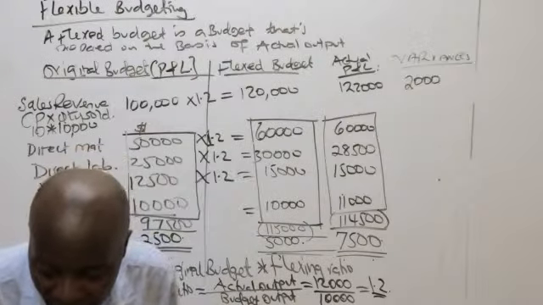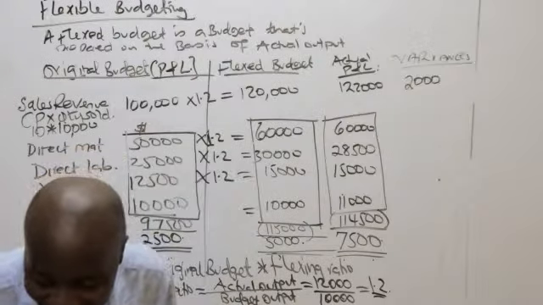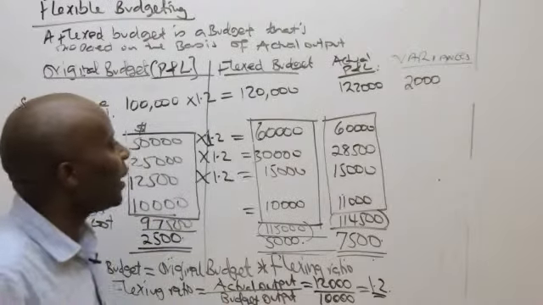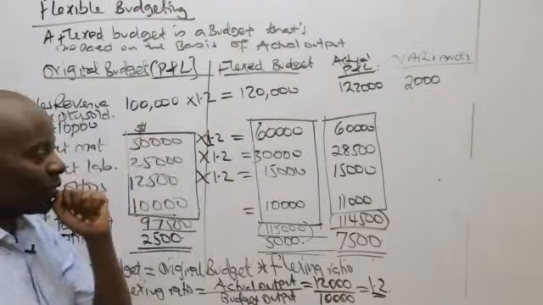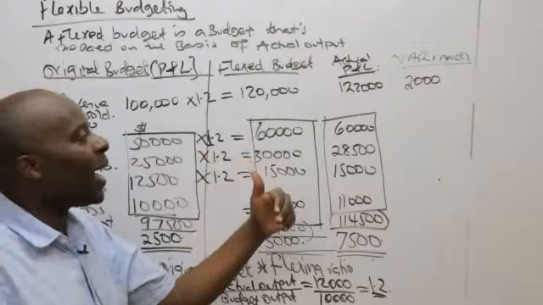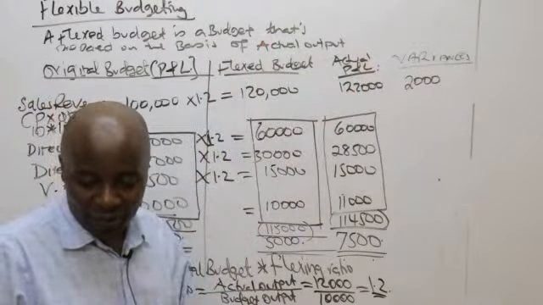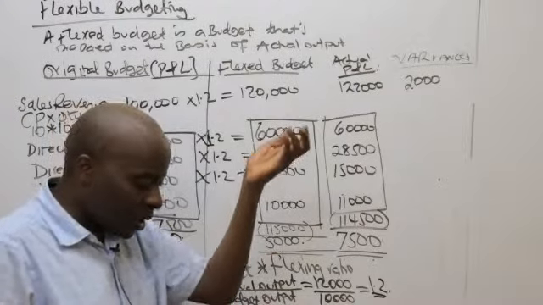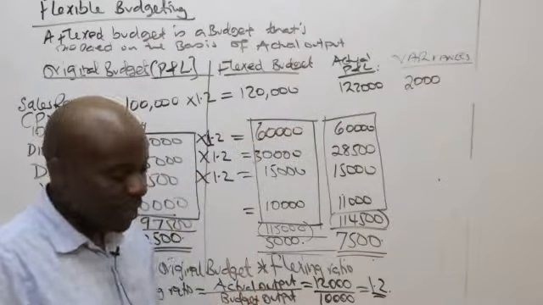Yeah, most of them are saying adverse. I have Connie saying favorable. Look at this, ladies and gentlemen. We had budgeted to make 120,000, but we ended up actually making more. So in terms of sales revenue, if the actual sales is more than the budgeted, then we can't complain.